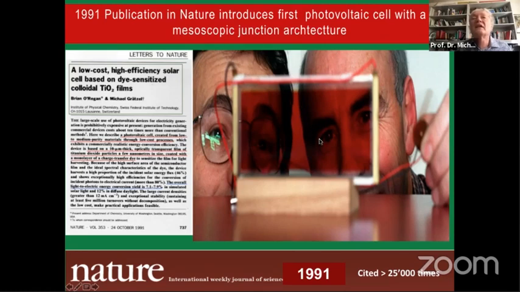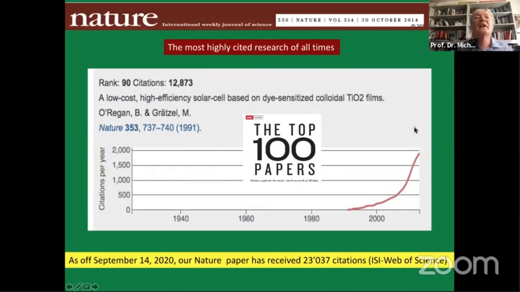It looks like a tinted glass. But in fact, it collects photons from both sides, the back and the front, and you can see the fan turning even in diffuse light conditions. It's amazing that a paper like that got so many citations. And this is Brian, my co-author, at the conference in Uppsala a few years ago.